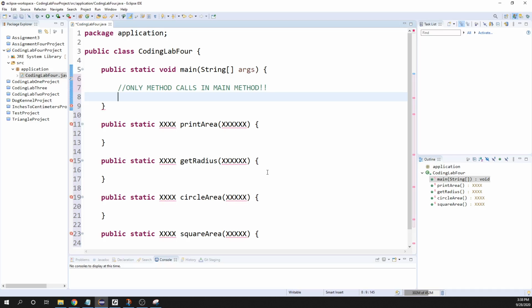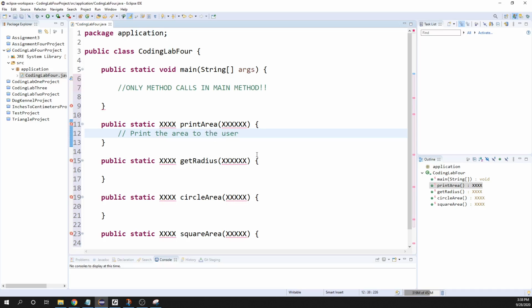All right, and then each of these 4 methods are really not too difficult at all. They basically all have one job, as methods should have. The one job of the print area method is to print the results, which is the area, to the user.